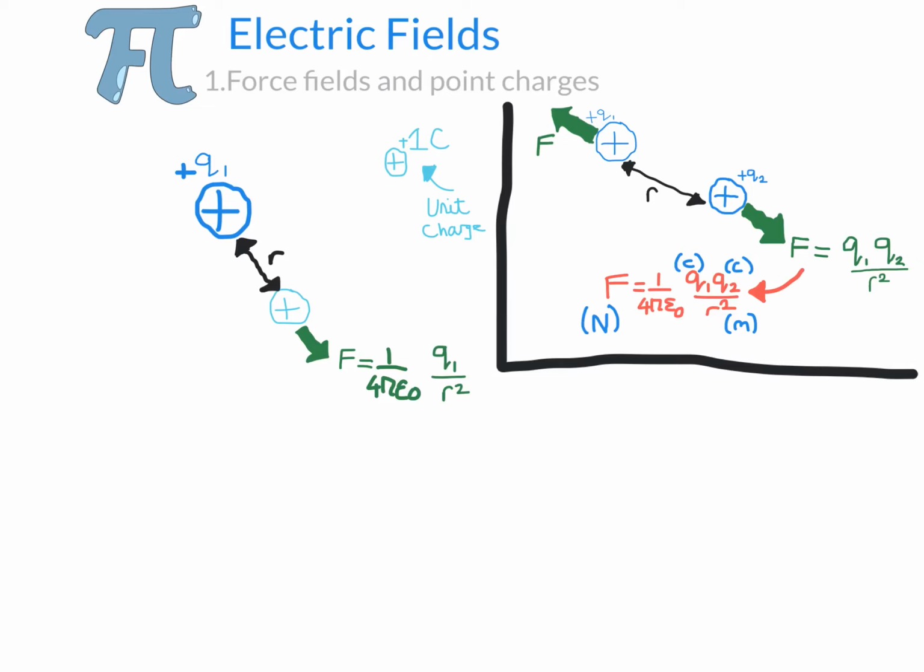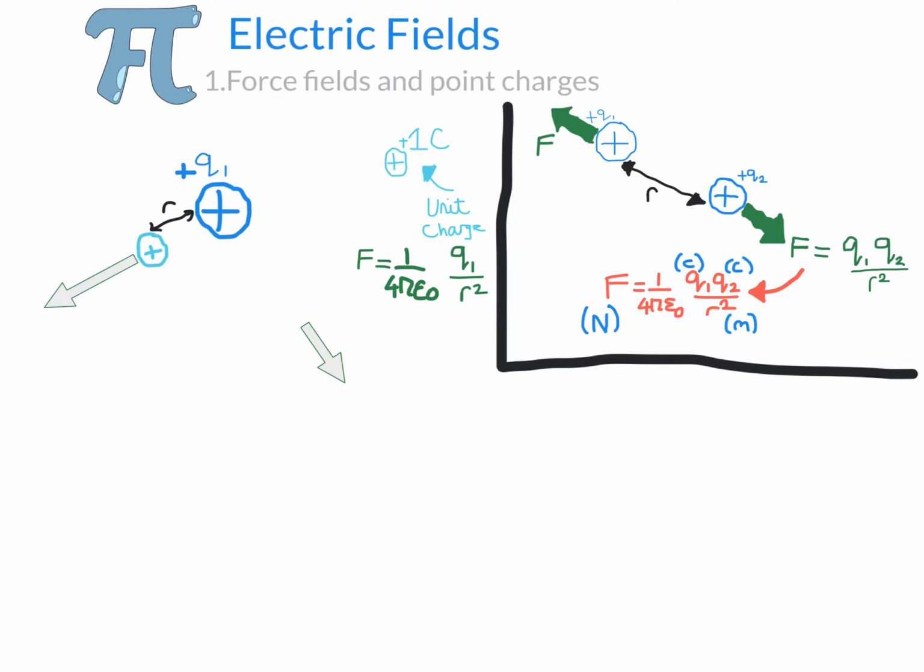And it will be in the direction away from the central charge. Since we know the size and the direction of the force, we can draw this force as a vector like this. We move around this unit charge, and at every place we put it, we draw the vector of the force it feels from the other charge.